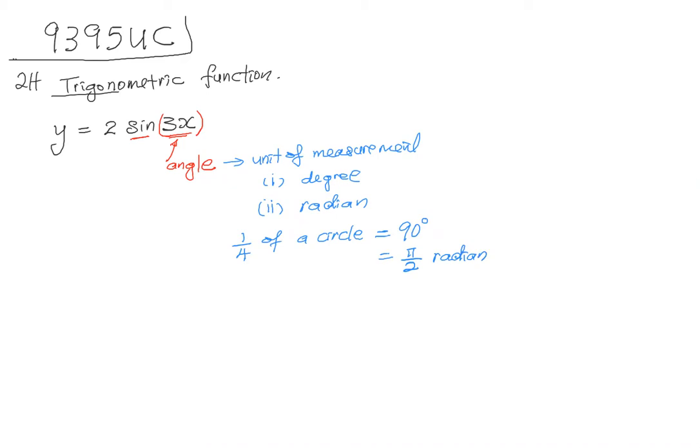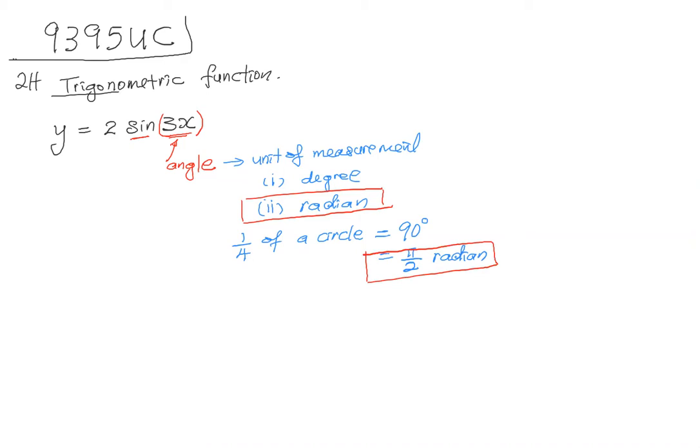So in trigo, when we talk about differentiation, all our angles must be measured in radian.